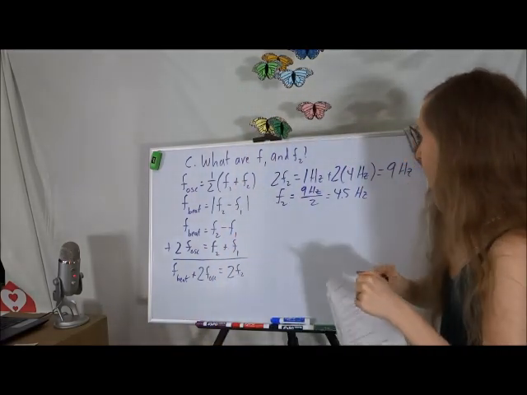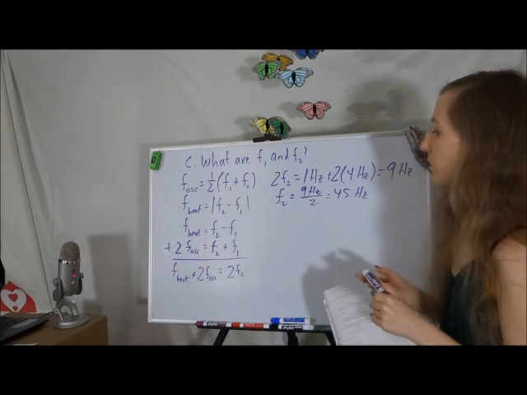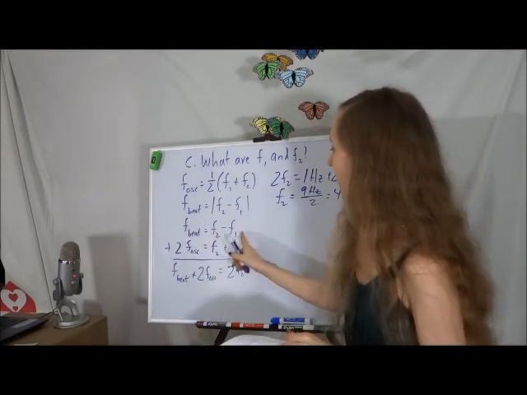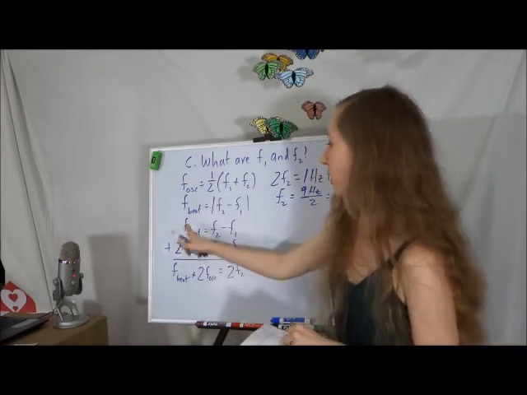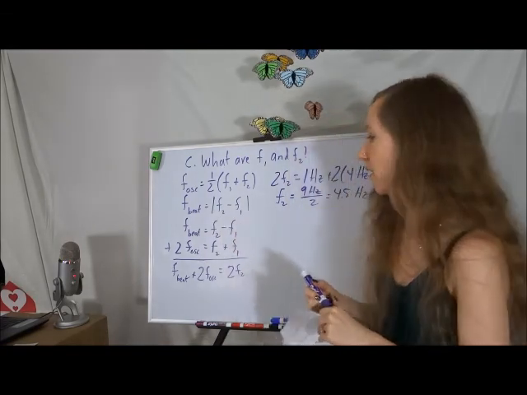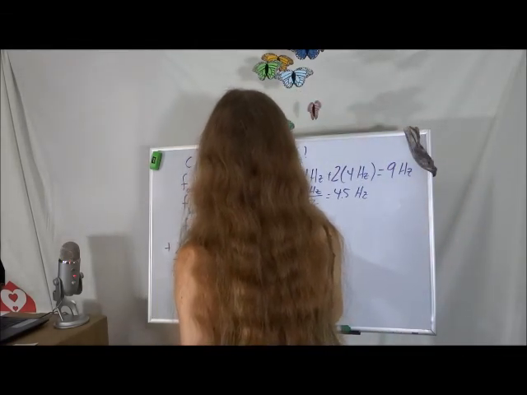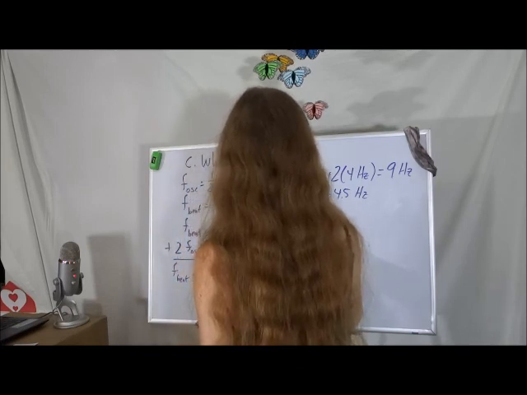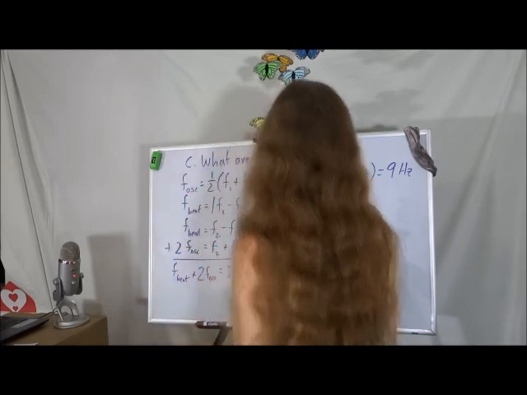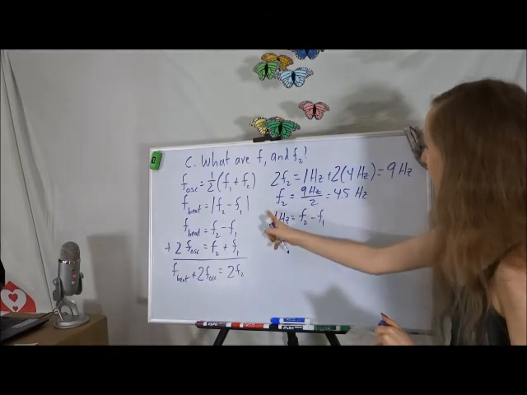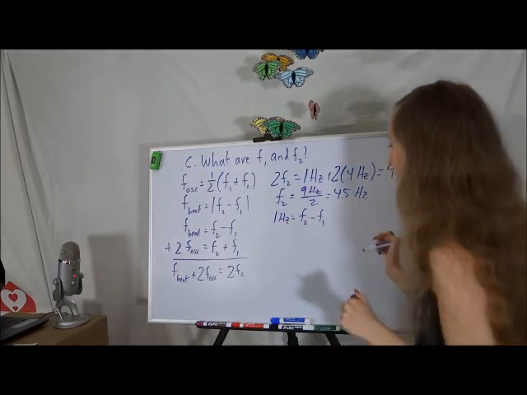So from here, we need to find F1 still. I'm going to use this equation right here, and I'm just going to plug in the 1 hertz for F beat because we found that earlier. So we're going to have 1 hertz is equal to F2 minus F1. I'm going to move the F1 to the other side and the 1 hertz to the other side.